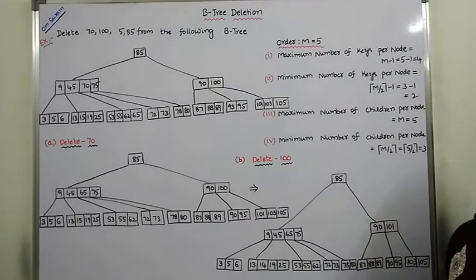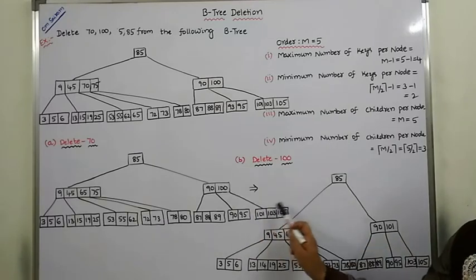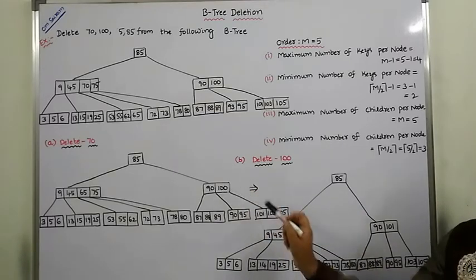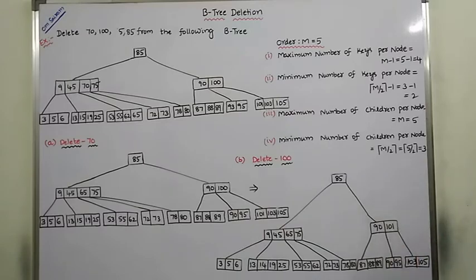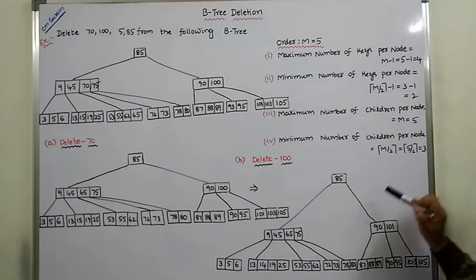Here the in-order successor of 100 is the minimum element in the right subtree, that is 101. 100 can be replaced with 101. Here in-order predecessor we considered, and here in-order successor we have considered.